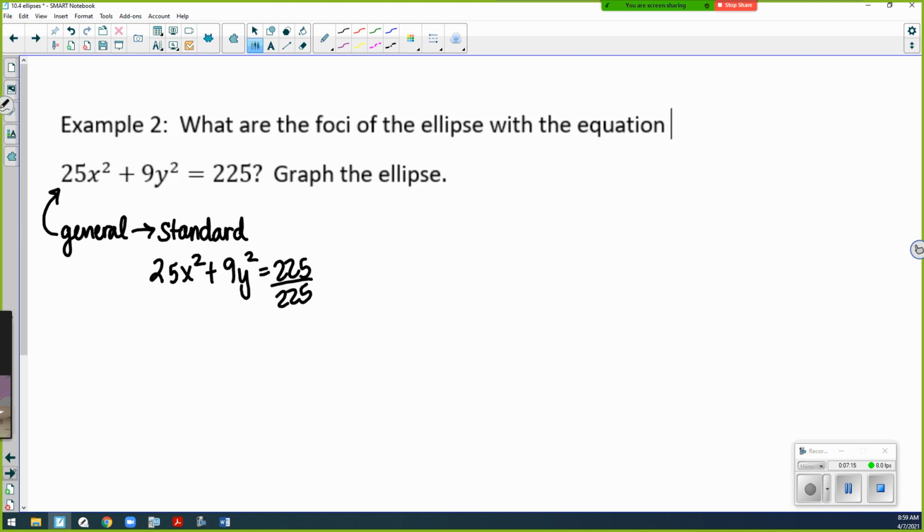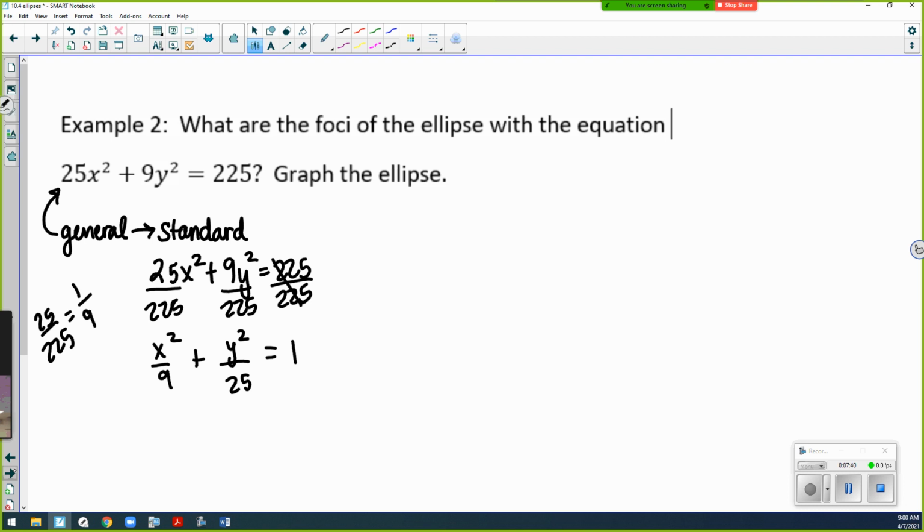I'm going to divide everything by 225. So this becomes x squared over 9 plus y squared over 25. On my calculator, I went 225 divided by 25, and that gave me 9. In other words, 25 over 225 simplifies down to 1/9.